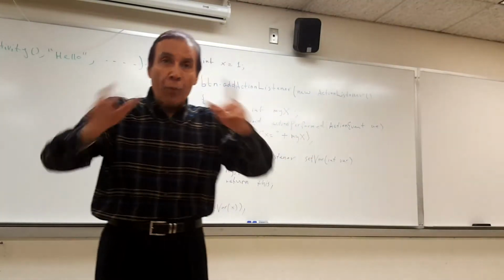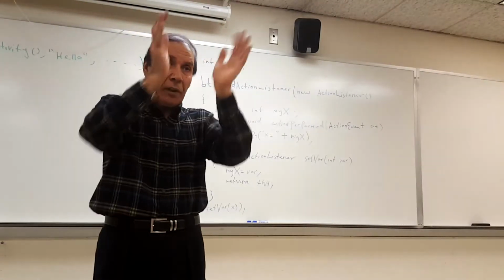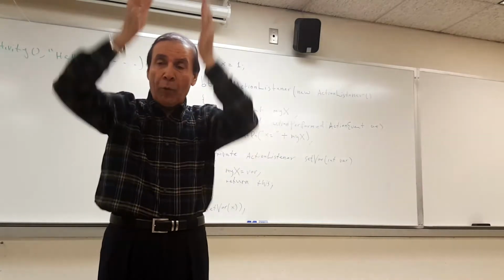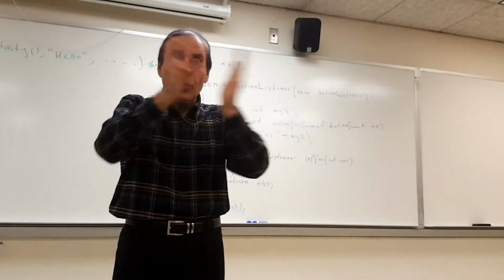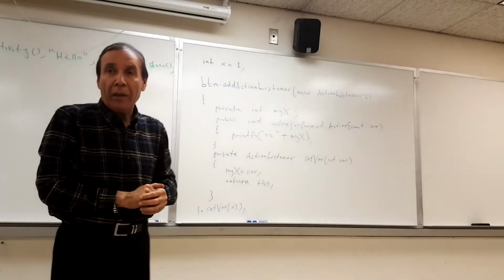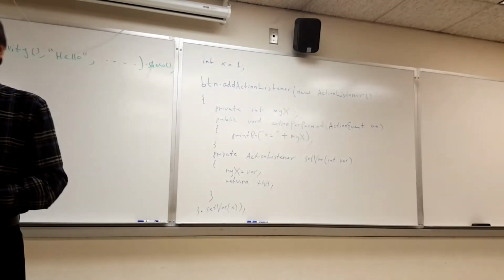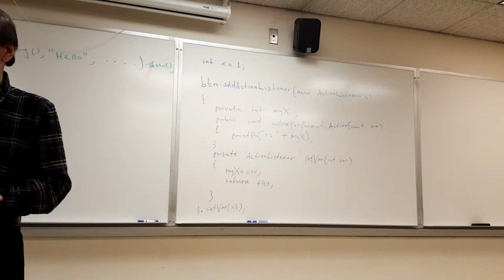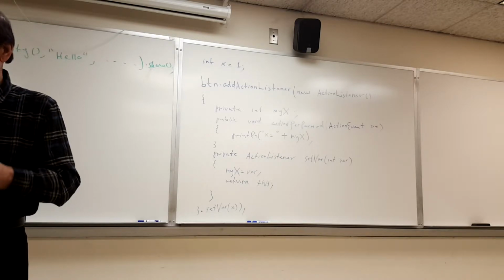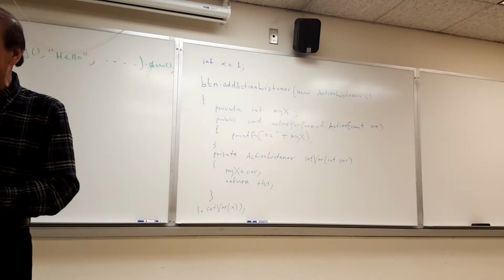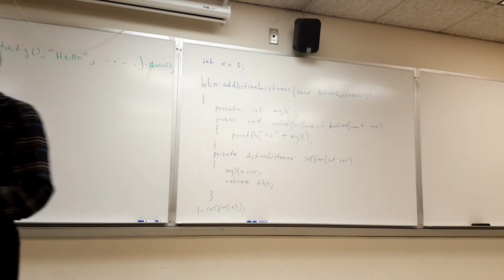In landscape, both of the fragments could fit into your view, but in portrait you have to have two different activities, right? So now we're going to do this dynamically, and see how it's going to work.